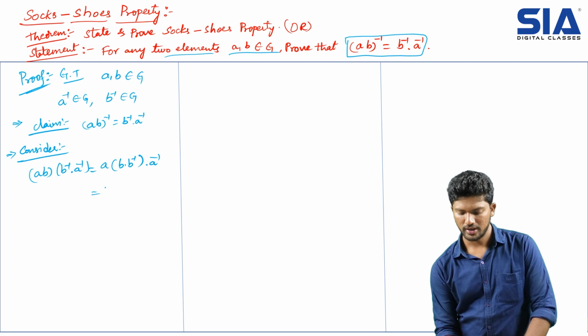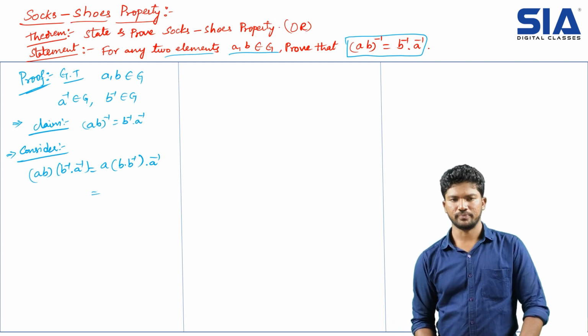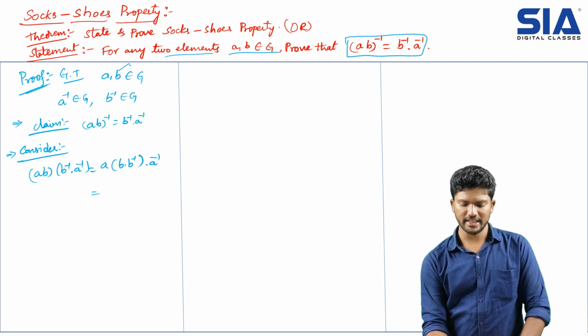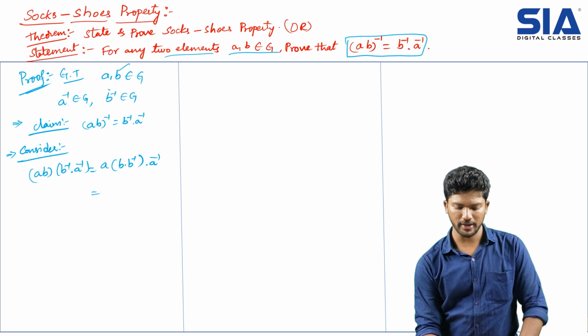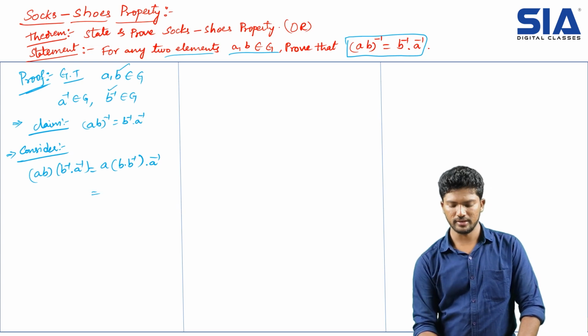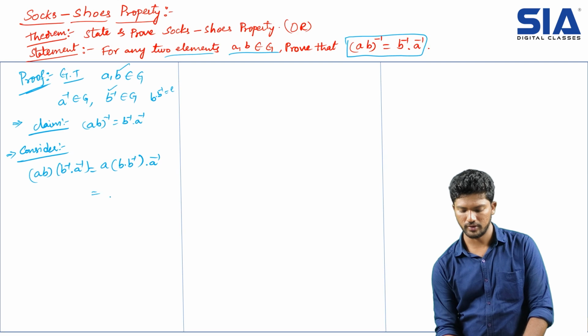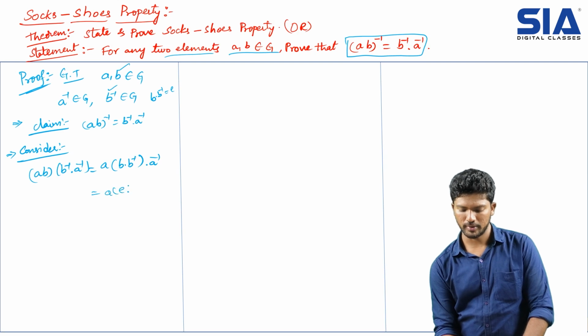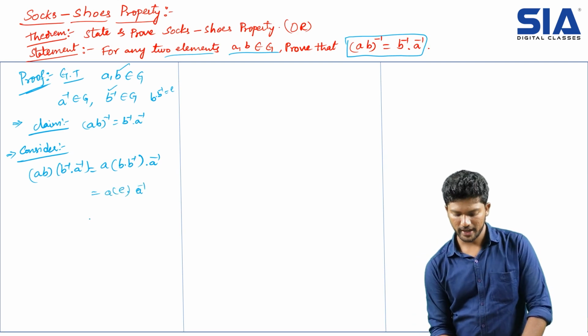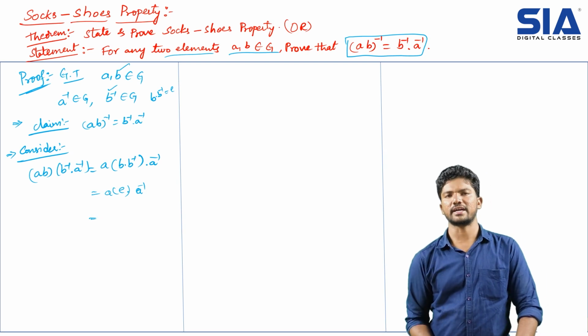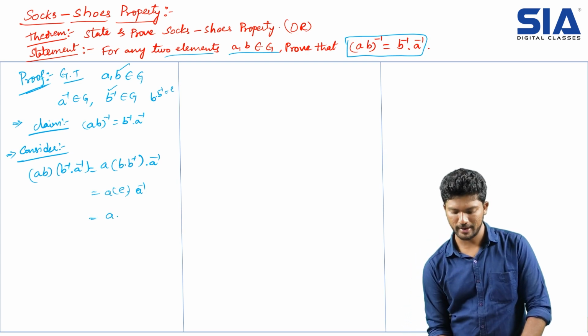According to the inverse property, b is an element in capital G and b inverse is its inverse, then b into b inverse is equal to small e. So I am writing that value as small e. Again, if you multiply any element with identity, you will get the same element only.